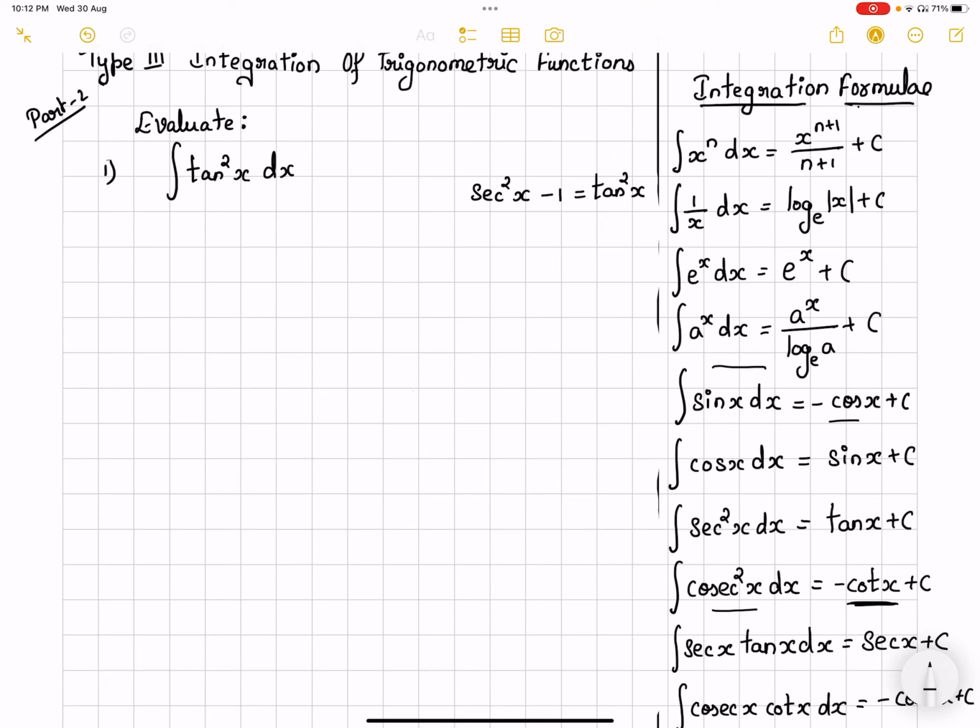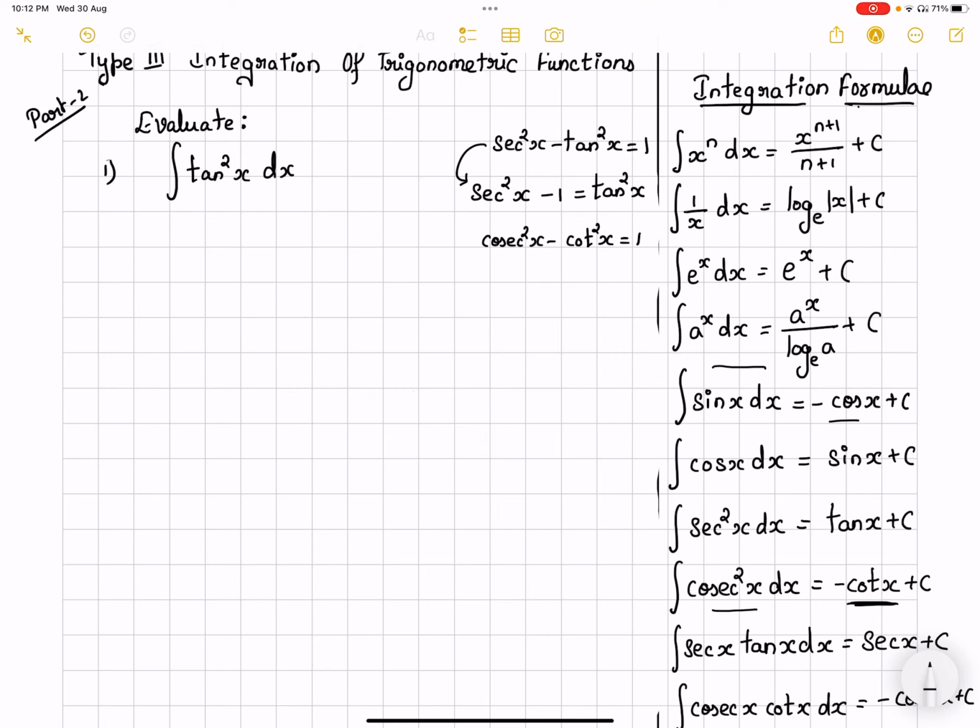In the same way, we have secant square x minus tan square x is equal to 1. From this formula only, we derive this one. Similarly, we have one more: cosecant square x minus cot square x is equal to 1. Then cot square is nothing but cosecant square minus 1.